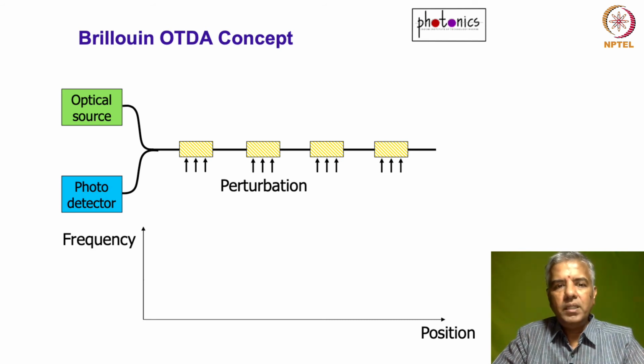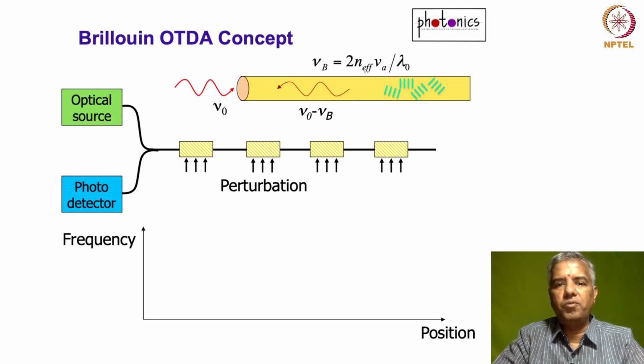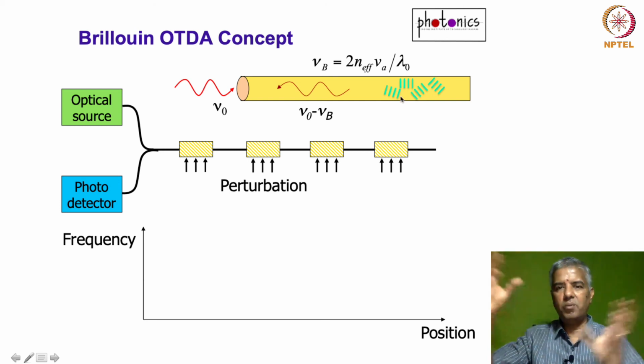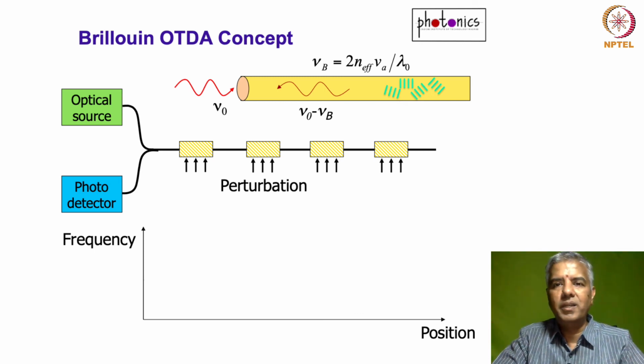So let's look at a cross section of a fiber. Let's say this is the core of the optical fiber. I have an electromagnetic wave coming in. That wave, as it propagates down the fiber, is going to interact with these acoustic phonons, these vibrational modes that are bouncing around in all random directions, and part of that light is backscattered towards the source itself, because this is a waveguide.